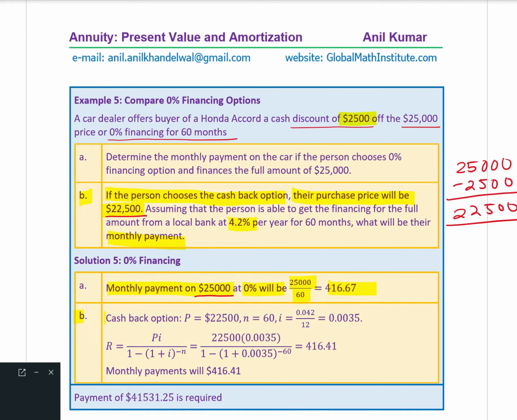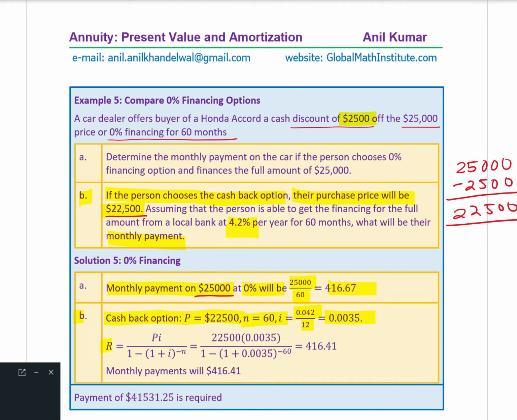Now, with the cashback option, the principal is now 22,500, and still you need to pay in 60 installments at the interest rate of this time, because the person is able to borrow the money at 4.2%. So 0.04 divided by 12 gives you 0.0035.